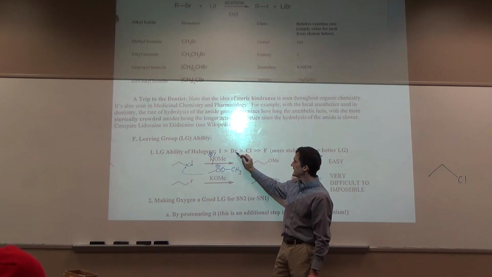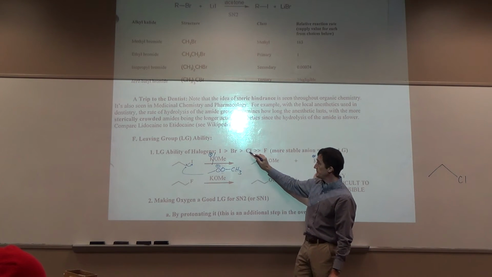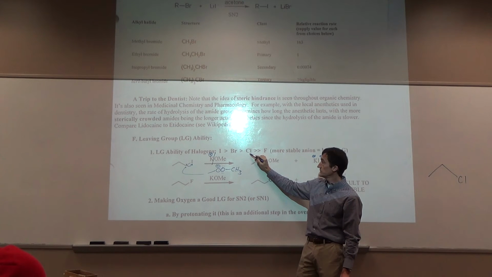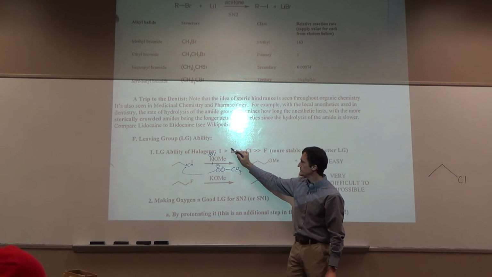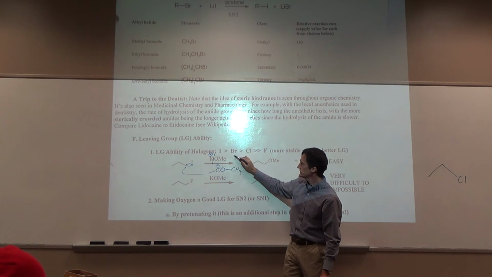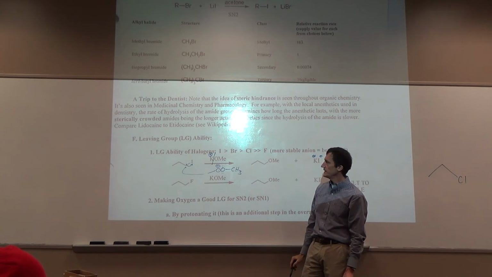Bromine, cheaper, more stable, still a good leaving group. Now the cheapest, if you wanted to buy some starting materials, the chlorine would be the cheapest. The problem is it's a little slow for substitution. So bromine is sort of the best of both worlds. And so for me, I kind of like bromine the best.